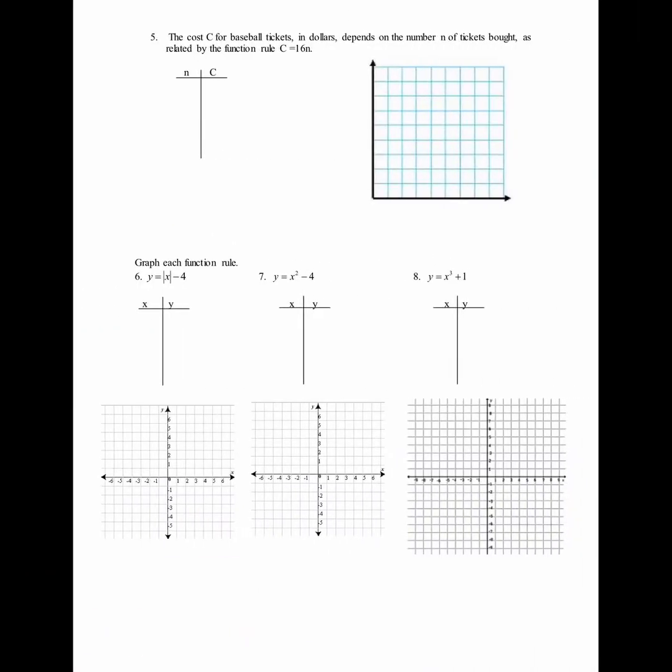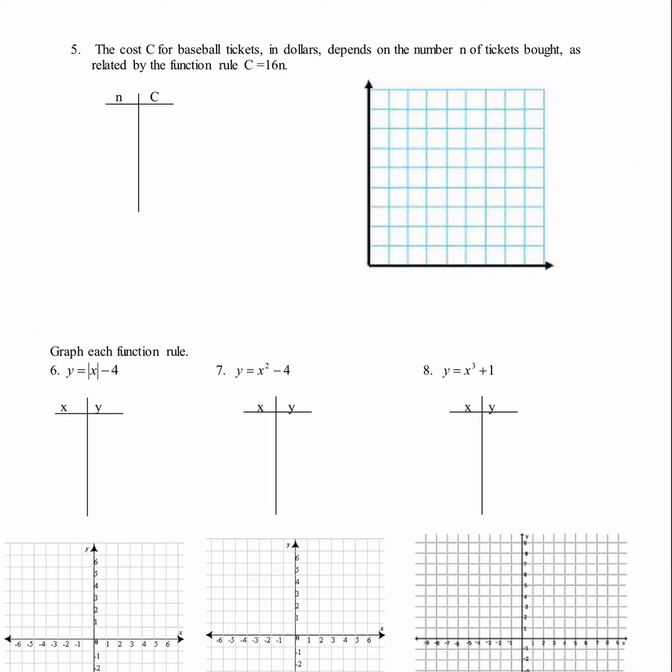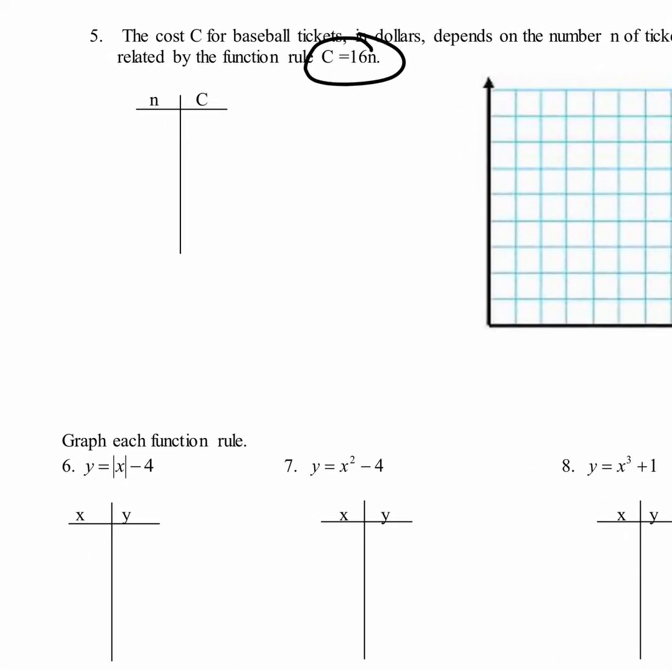If you look at one like number 5, you're buying baseball tickets. Okay, so here is our equation. If I'm buying tickets, I can't buy negative tickets, so it doesn't make sense to start with negatives when I make my table. Instead, I'm going to start with 0 and go ahead and do 1, 2, and 3.